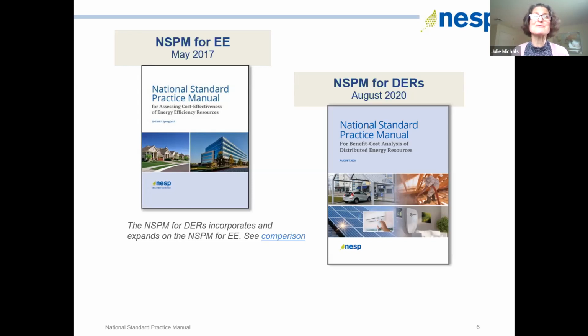For those of you who might be familiar with the earlier version, there are some changes in terminology. We went from referring to a resource value framework and a resource value test to an NSPM BCA framework and a jurisdiction specific test, because that's exactly what the NSPM helps to do, is to create a jurisdiction specific test.